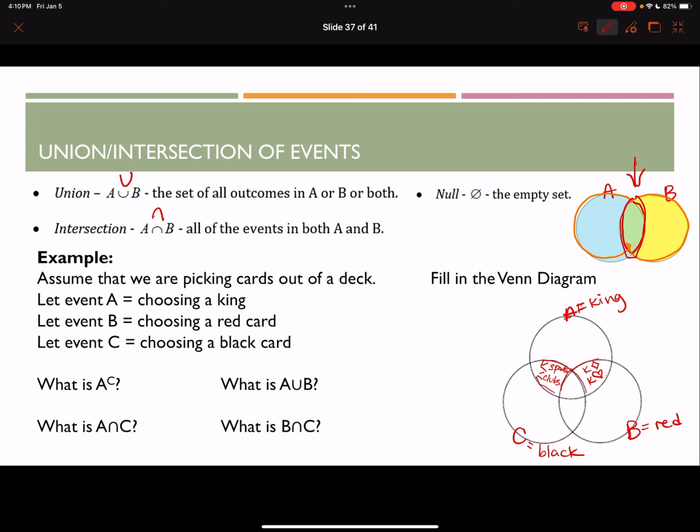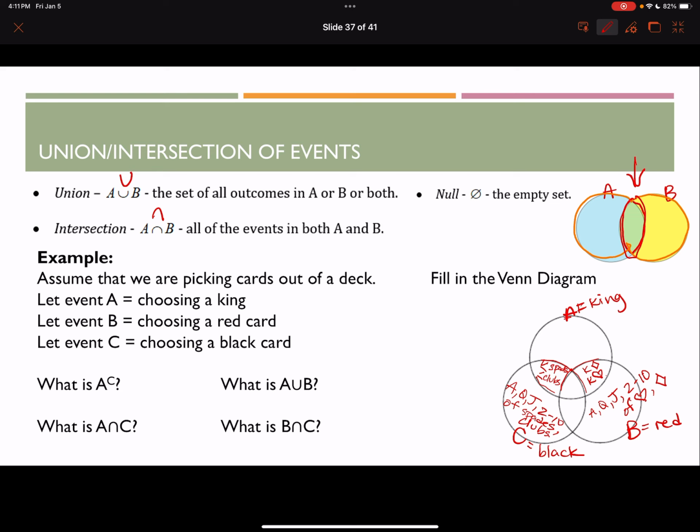So it would be an ace, queen, jack, and then I'll just write 2 through 10 to make it easy, of hearts and of diamonds. And then over here on the left, where it's just C, it would be the ace, queen, jack, 2 through 10, of spades or of clubs. So there's my Venn diagram.